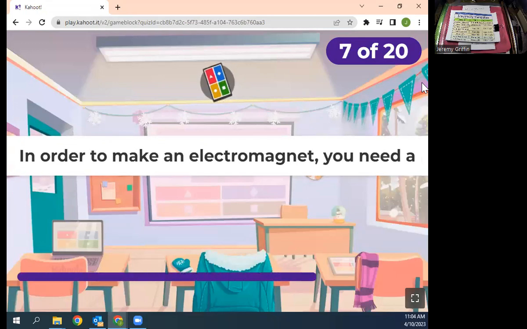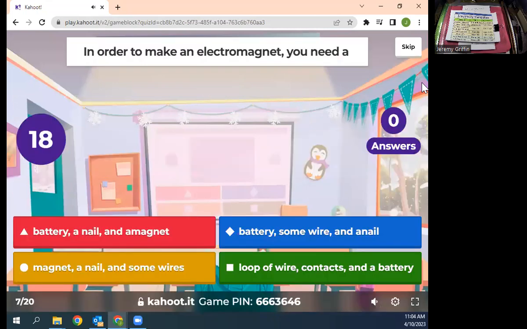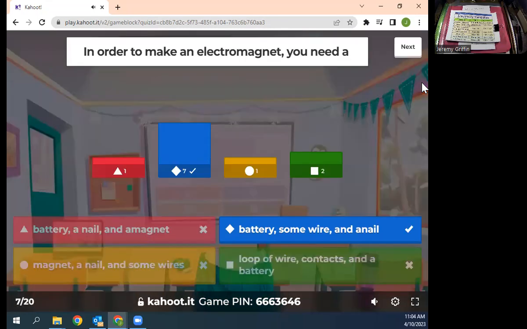In order to make an electromagnet, you need, how'd you guys do it? Ooh, all right. Those guys got that. Awesome. Right.